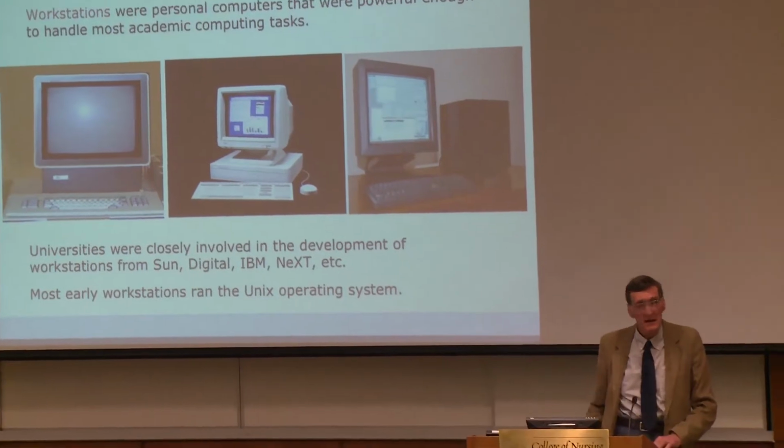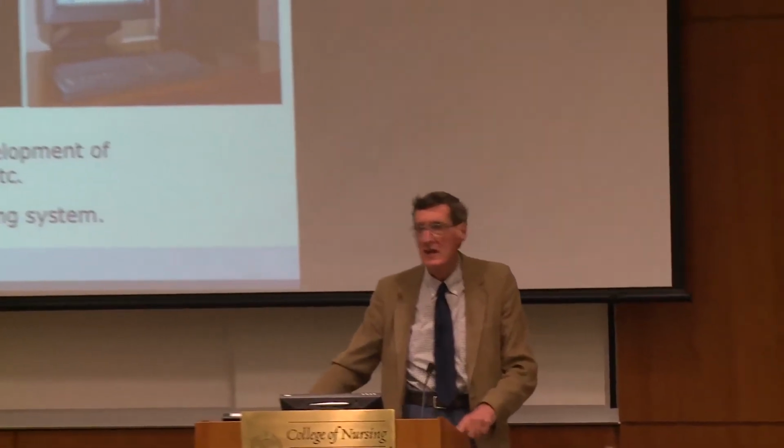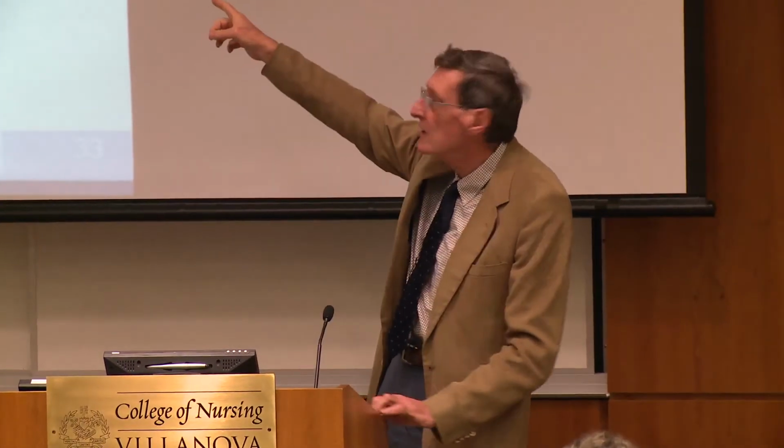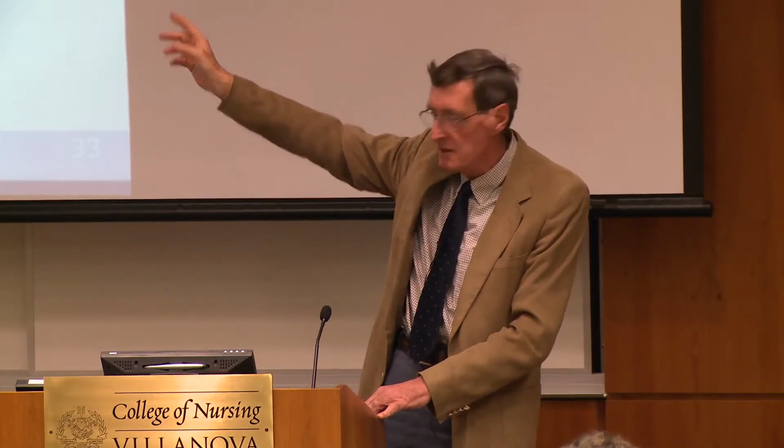In fact, he and I lived in the same house at one stage. And he designed and built this machine called the NeXT Machine, which was never a commercial success, but its operating system is the basis for the modern Macintosh operating system. There is a lot of Carnegie Mellon technology in this, and there's a lot of university technology in all of these machines.